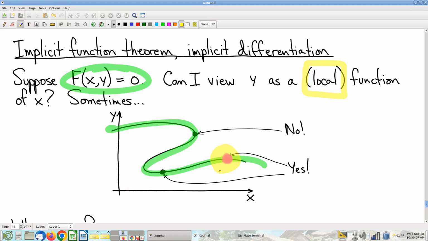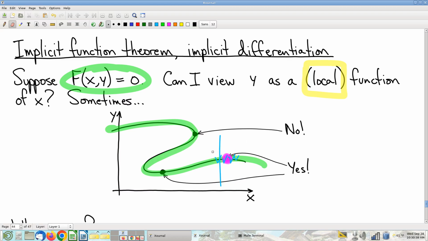Again, locally, just within the yellow here, near that point. And of course, yeah, absolutely in this case, looking at this particular point, because we look at the vertical line test, and the vertical line test passes just fine, right? Every vertical line hits that curve locally, again, just that part of that curve, we ignore the rest, exactly once, and so, yeah, no problem. Y is a function of x locally near that point.